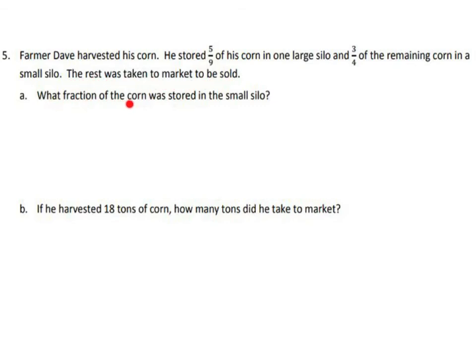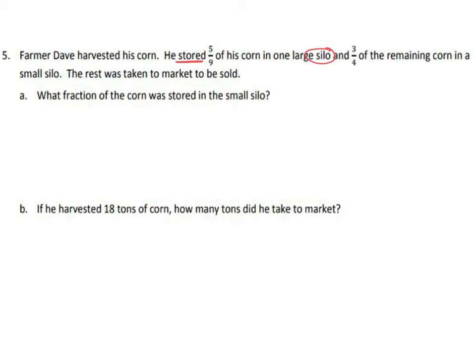What fraction of the corn was stored in the small silo? So, you probably don't know what the word silo means. That's okay. You know that it is a place where you store corn. Okay, it's a big building. Usually they're white or gray, and they put grain inside of it.